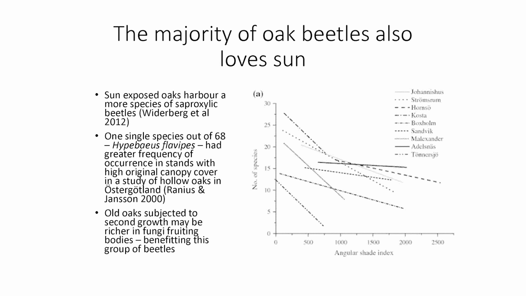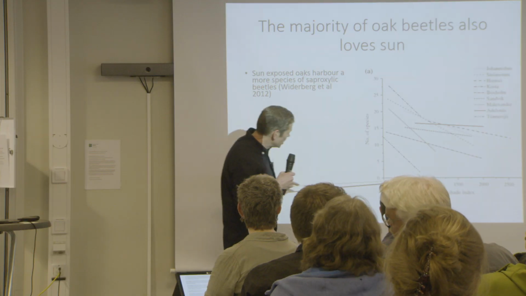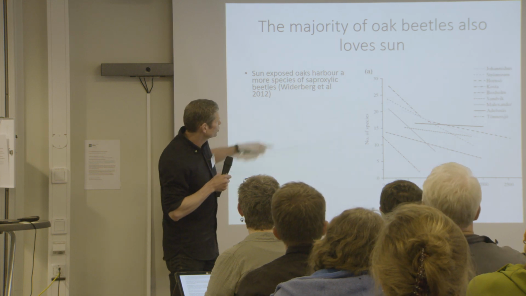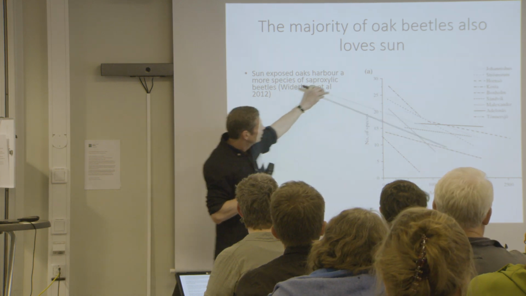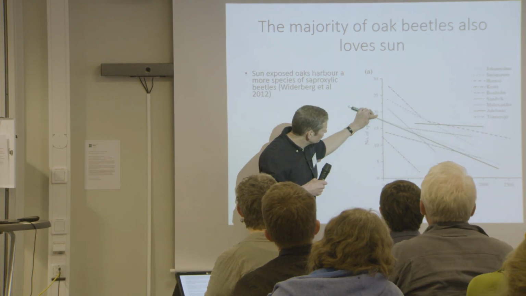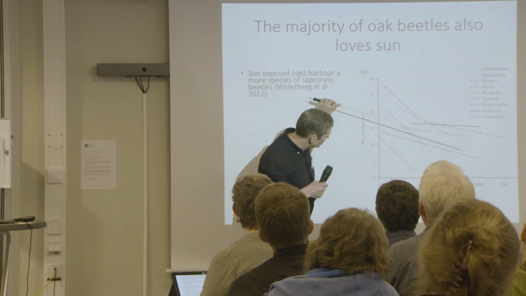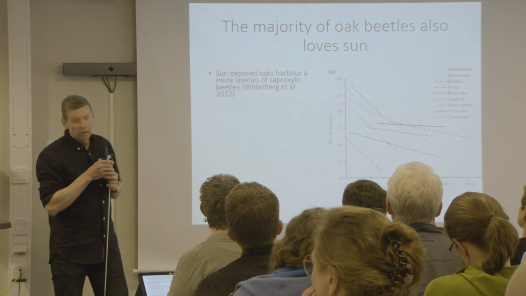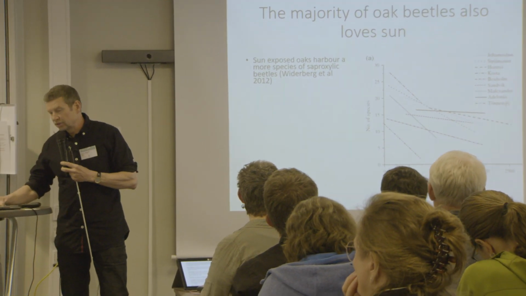This is a study made from several different sites, and you have the shade on this axis here and the number of species of saproxylic beetles here. And as you can see, in the majority of the sites with increasing shade, the number of species goes down. And another study by Niklas and Thomas Ranius also shows the same thing.